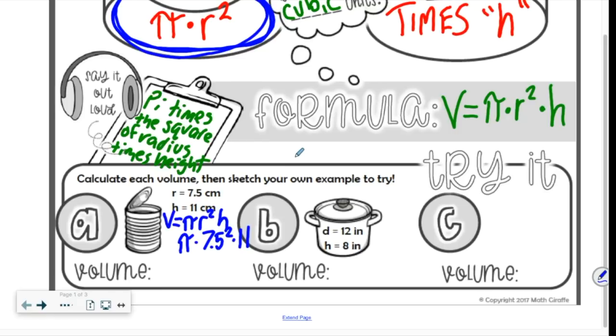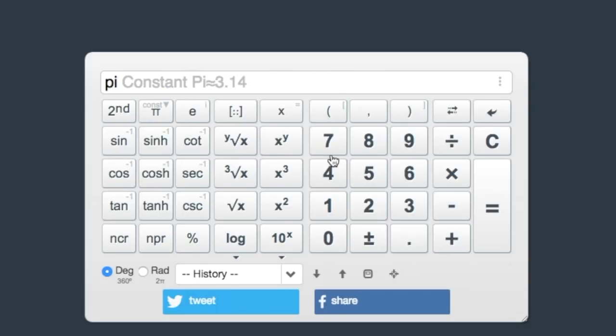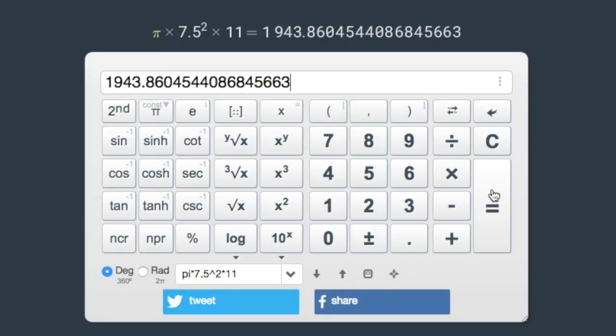All right, so you can plug that all into your calculator. Pi times 7.5 squared times your height, which is 11. Just plugging it in exactly how it looks. And we get an answer of 1,943.80.